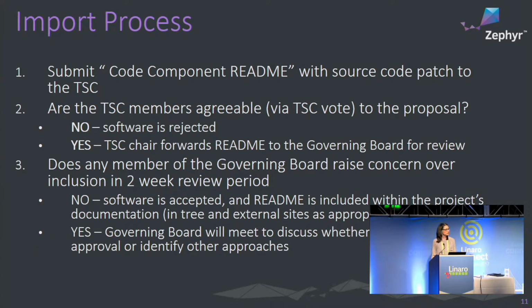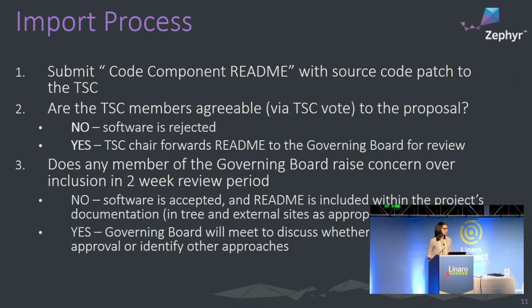Just recently, I think in the last week, maybe 2 weeks, the Zephyr Governing Board approved a new process to import components into the tree. So you guys are probably the first to see this outside of the core development group. What the process looks like is, if you find a component that you're interested in importing into the tree, the first thing is that we need some documentation.